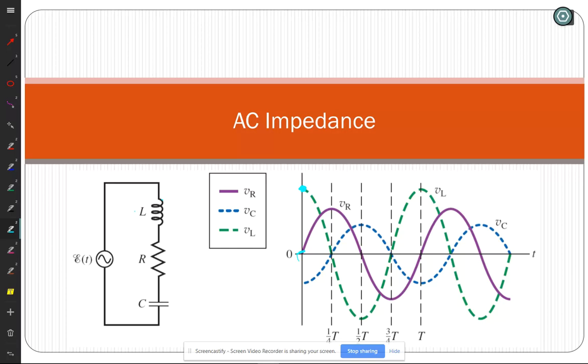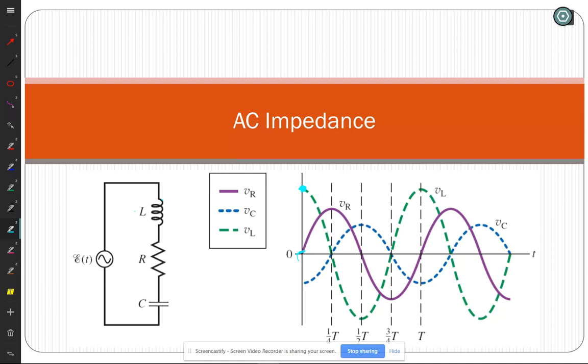Now with a capacitor, what does it store energy in? Well, charge separation or voltage, and the potential difference relates to that as well. So it's not bad. So the capacitor stores energy in charge separation or electric field. Well, when the current is 0 is when you're going to have the maximum charge.